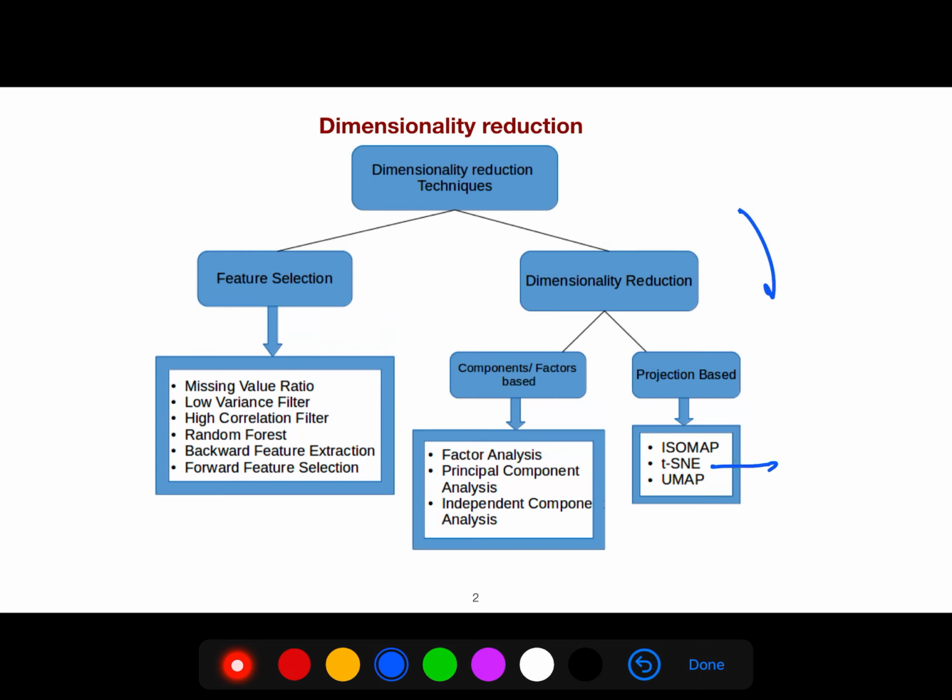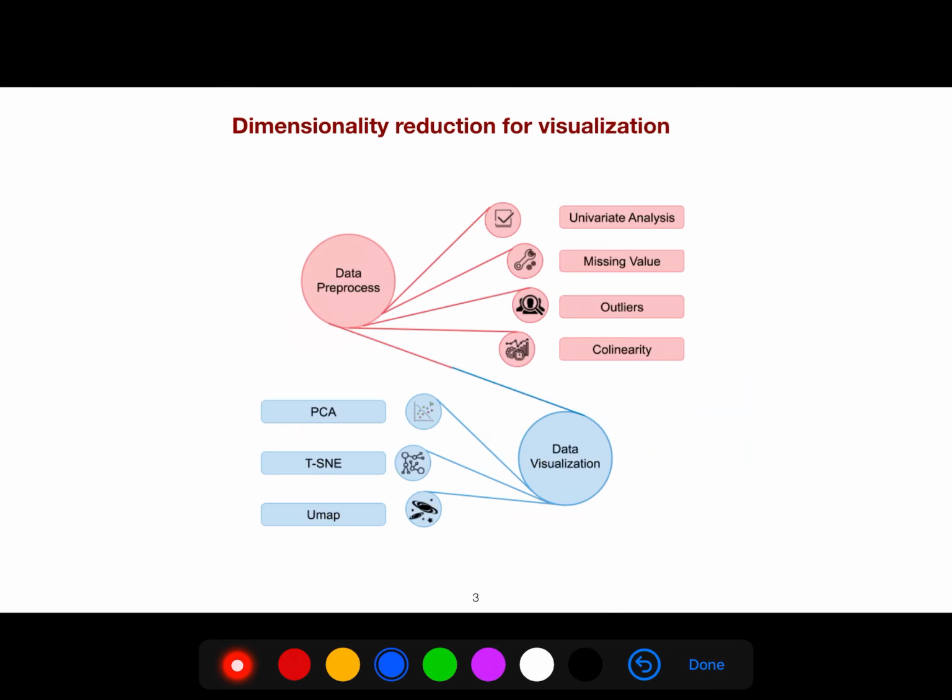So this is just one of the ways. And t-SNE, together with UMAP, is very popular for visualization for practical reasons. So, dimensionality reduction for visualization.